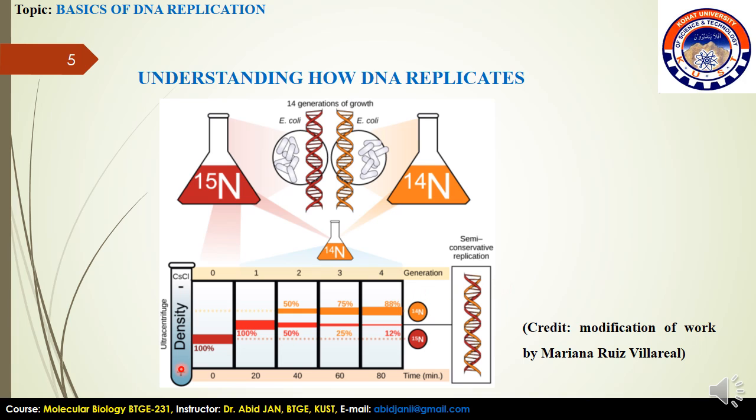DNA grown in 15N will form a band at a higher density position, that is, farther down the centrifuge tube, than DNA grown in 14N.